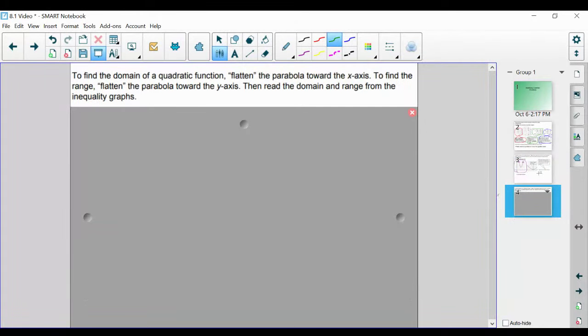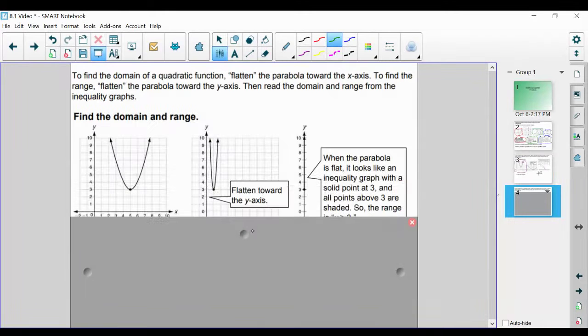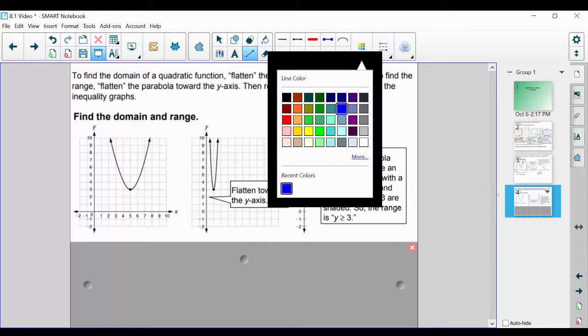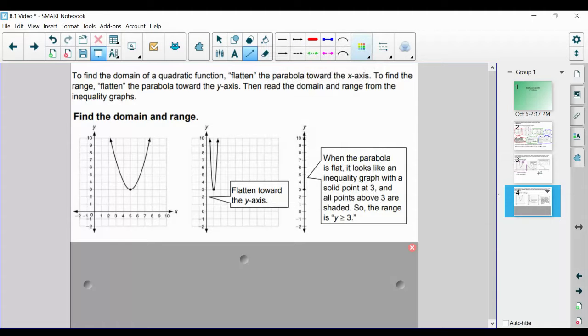Let's talk about the range. The range asks you to flatten towards the y-axis. And again, that is a viable strategy. But here's the way that I do it. I'm going to look at our quadratic and say, okay, what is the lowest or the biggest point? We can see that we have the arrows up on top.